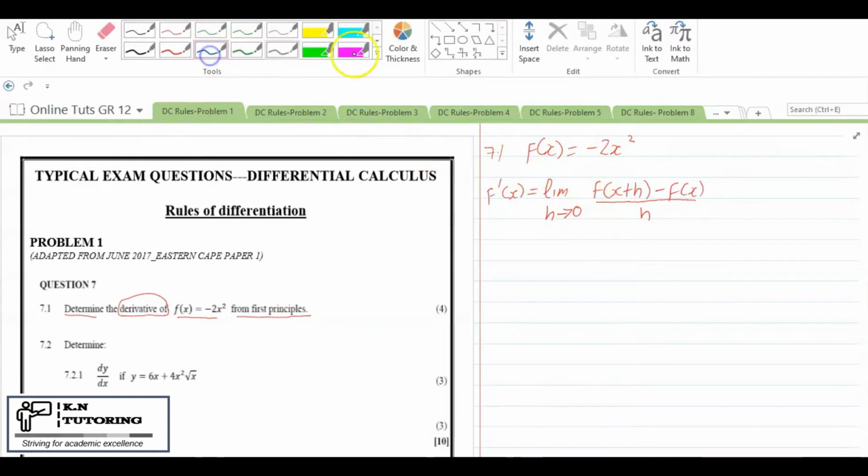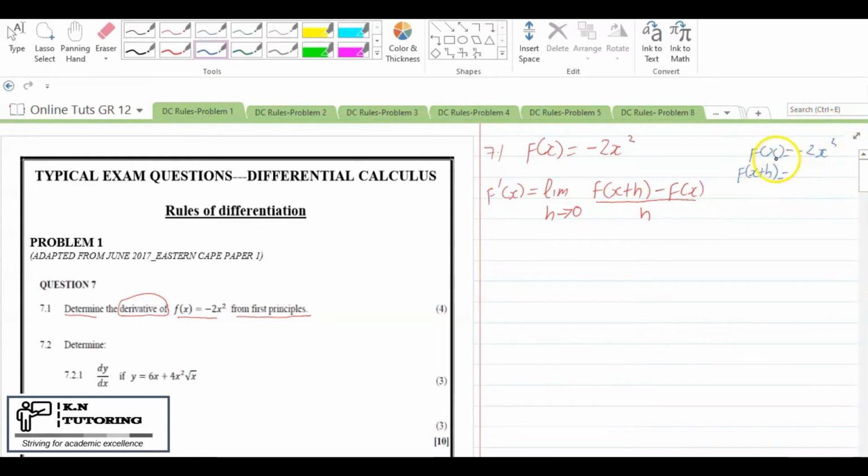Now if you look at this, we see that f of x is equals to minus 2x squared. So we are sorted with this one, we can substitute directly. But now we are given f of x plus h. Now what does this mean? It means that from this general function that is given, where we see x, we can substitute x plus h.